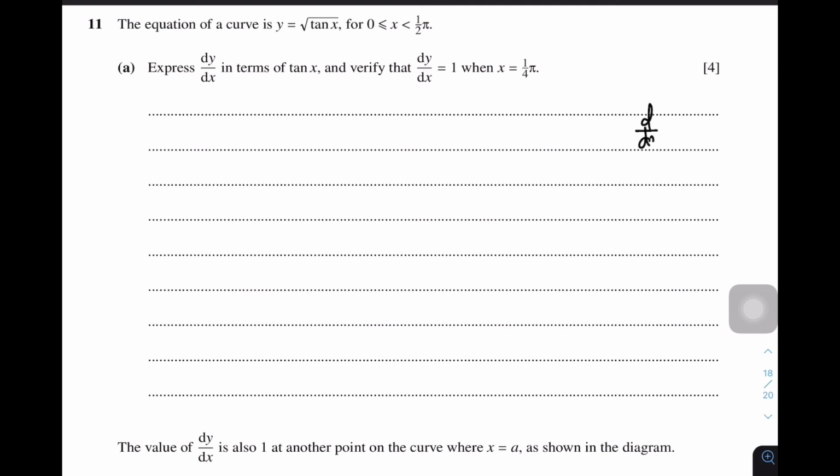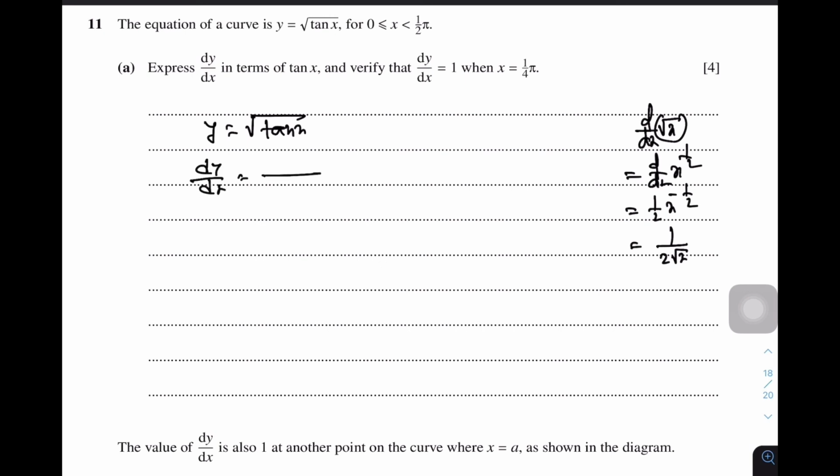Suppose d dx of root x, we can write it as d dx of x to the power half. So half x to the power half minus 1, that is 1 by 2 root x. So let me use this concept here, root over tan x. So dy dx equals to 1 by 2 root over tan x, and according to chain rule, if I differentiate tan x, it will be sec square x.